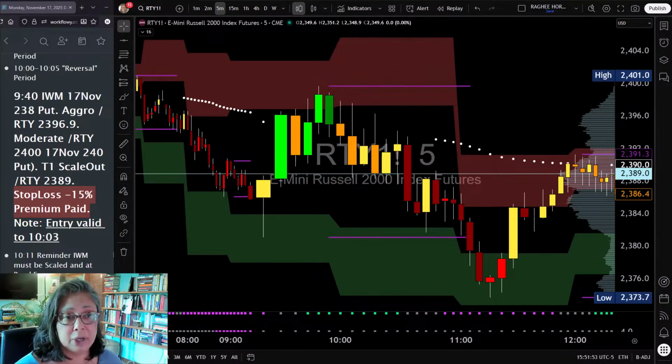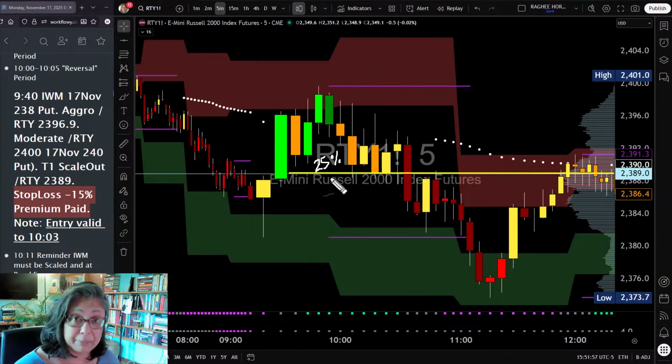The first target, as you can see here, we already have determined at the time of the setup, even before we get in, so everyone can be ready for the first scale out. That was 23.89. This represents, and it just happened to have represented, a 25% gain on premium, which I really like because my typical risk on premium is 25%.